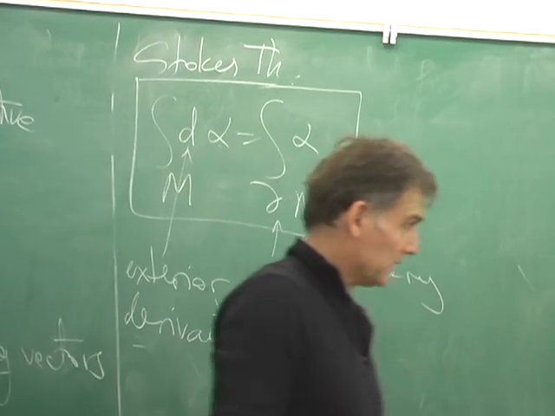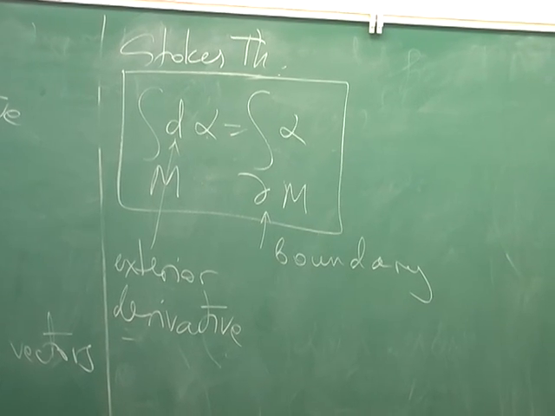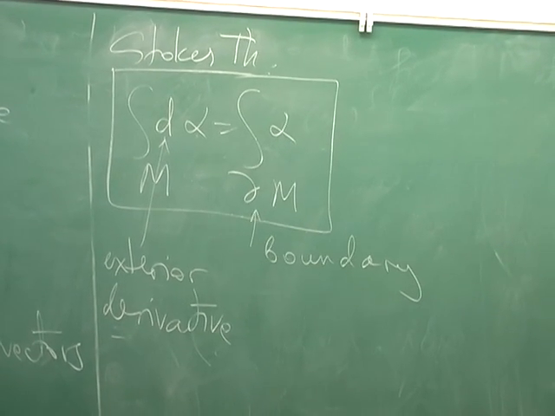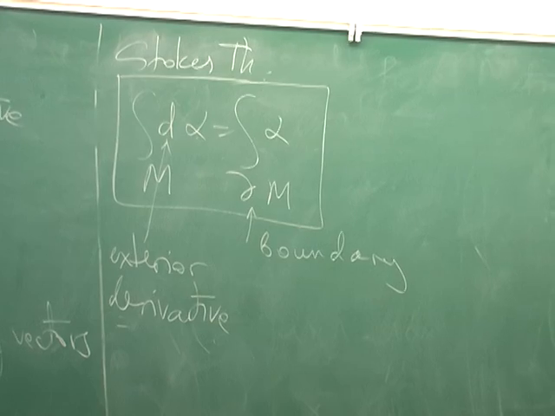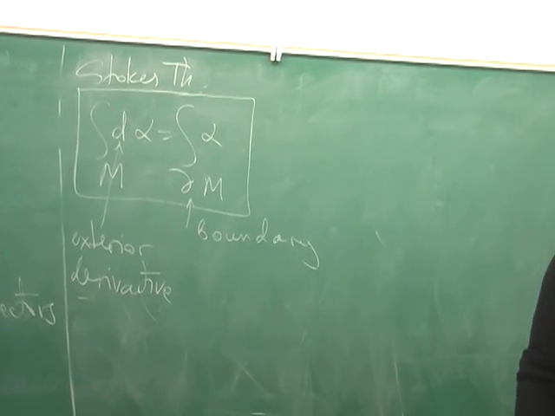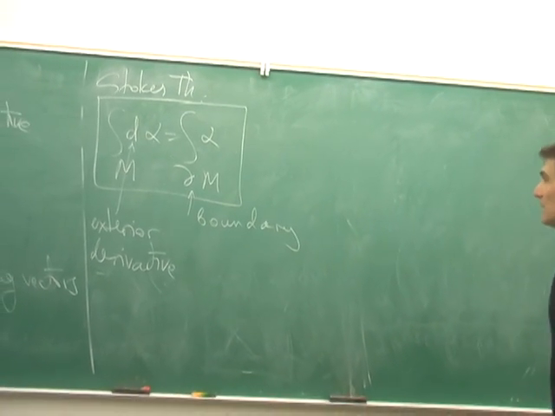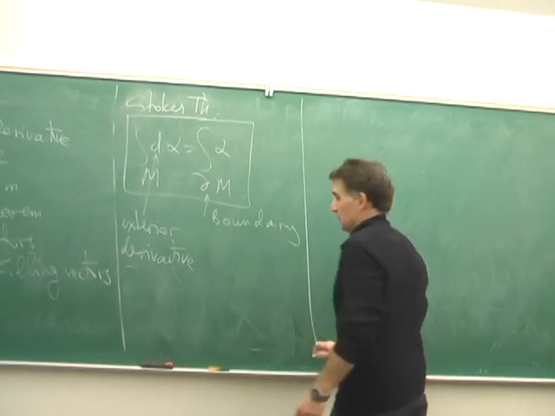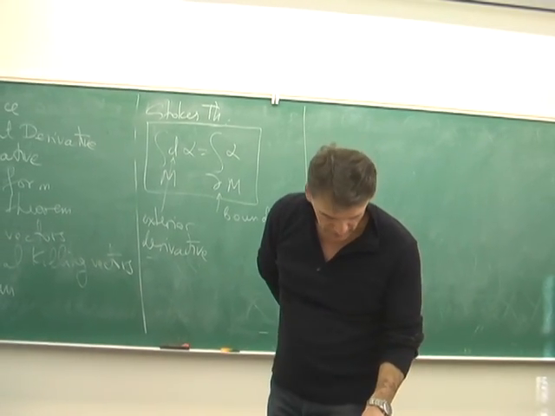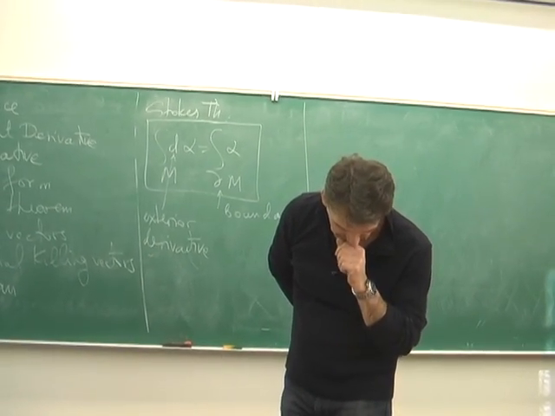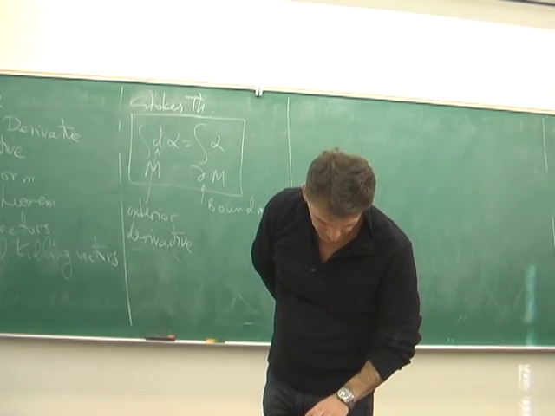It is so general that it includes all formulas that you know, like the Gauss formula and Green formula and Stokes formula and all the other formulas in any dimension, 2, 3, 4. So in particular, this leads to the following.